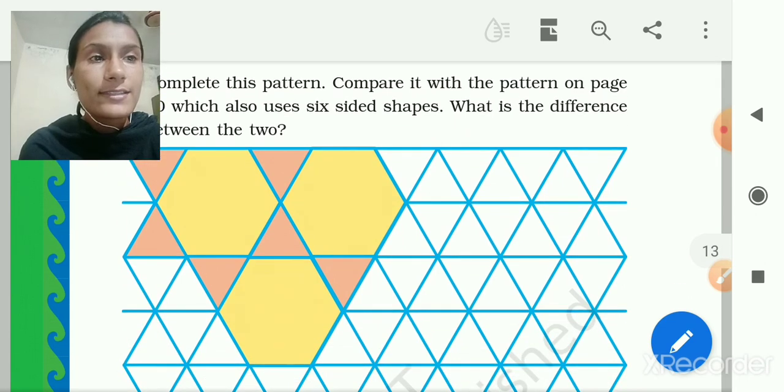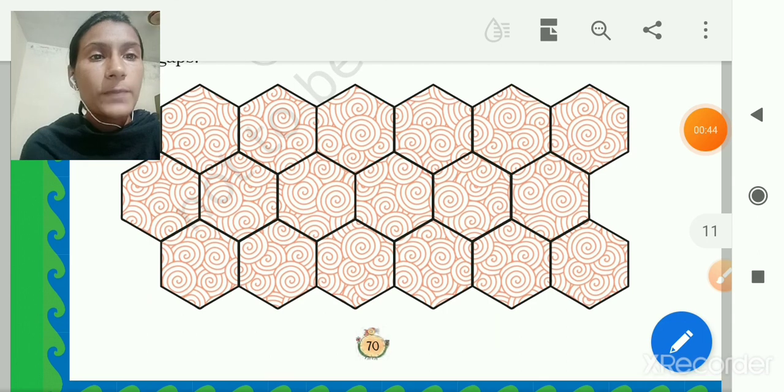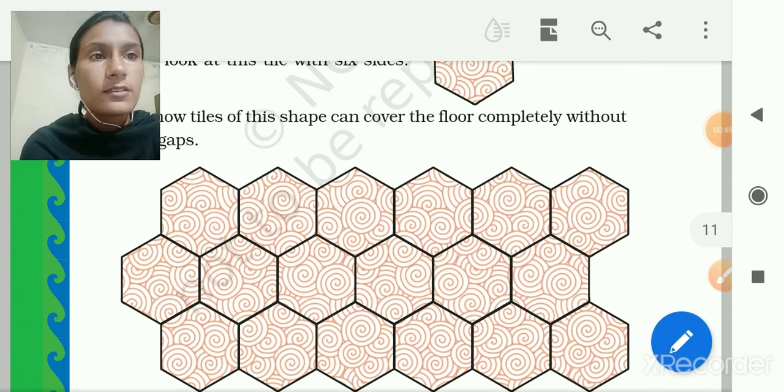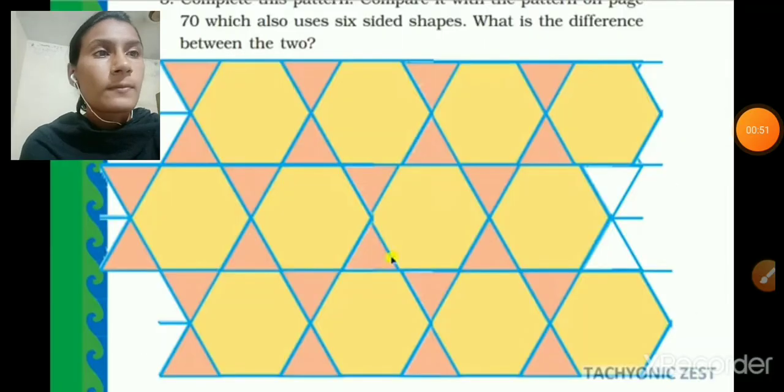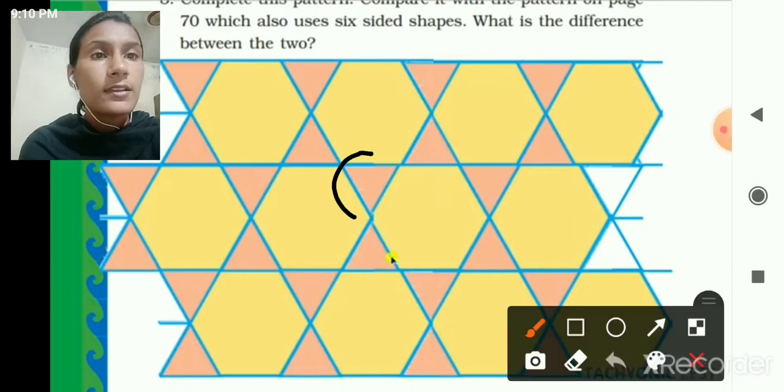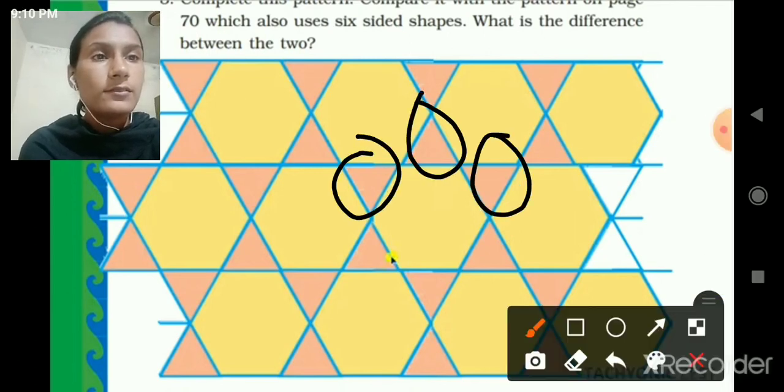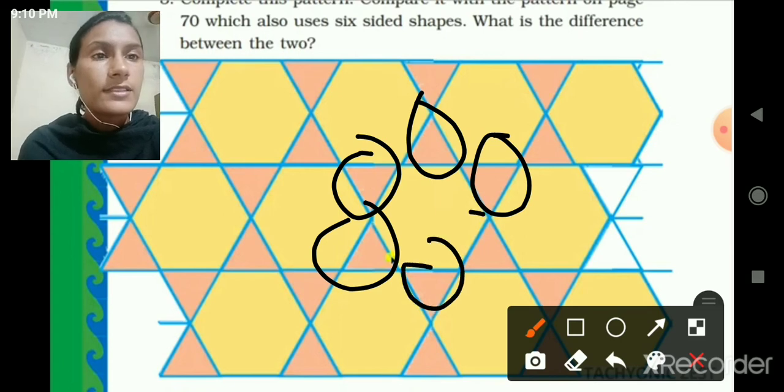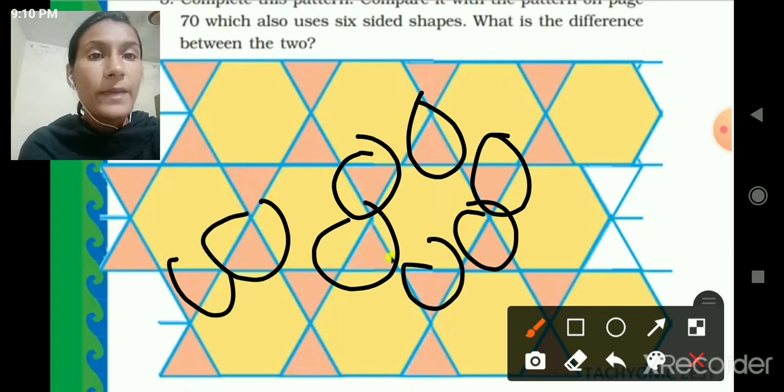Here you can see this pattern, then page number 70. Now what is the difference between the two patterns? If you complete this pattern, it will look like this. You can see these triangles in this pattern.